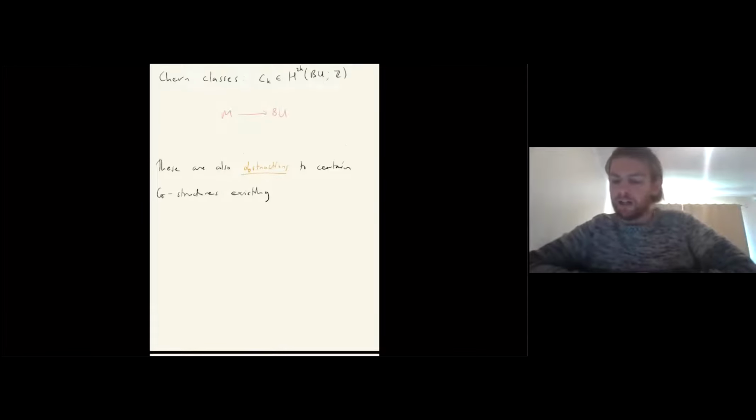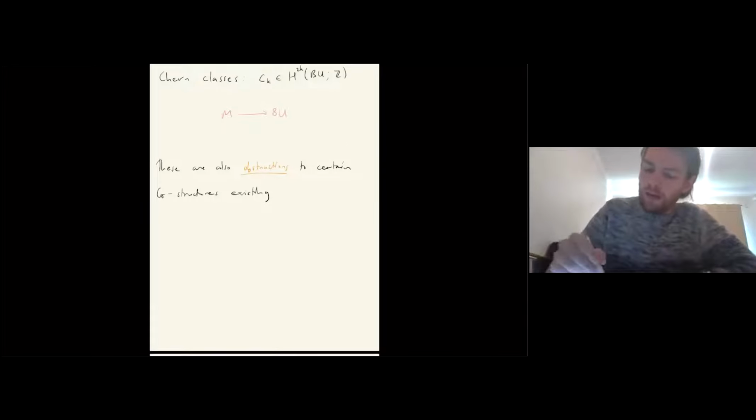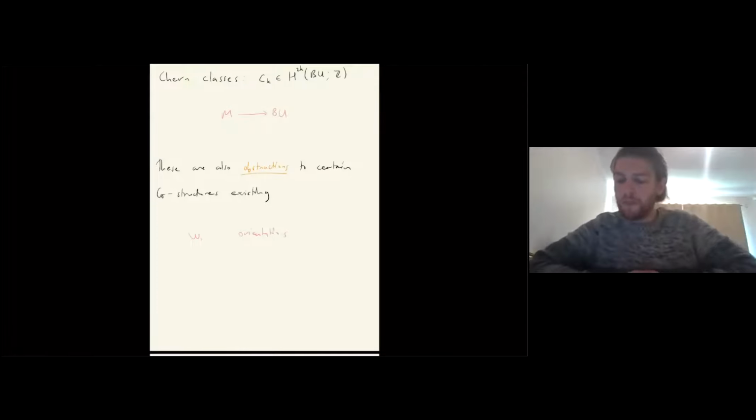And there's a connection between these characteristic classes and putting G structures on a bundle. W1, the first Stiefel-Whitney class, is an obstruction to orientations, so SO structures.